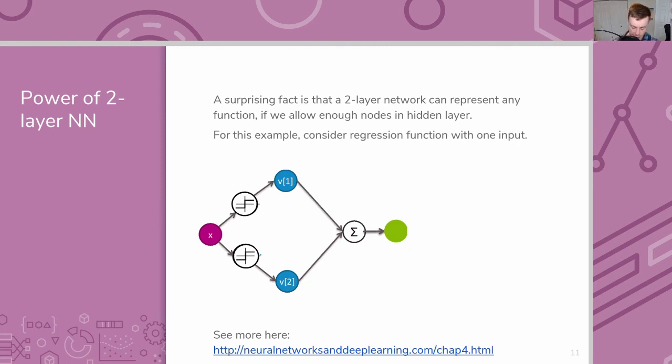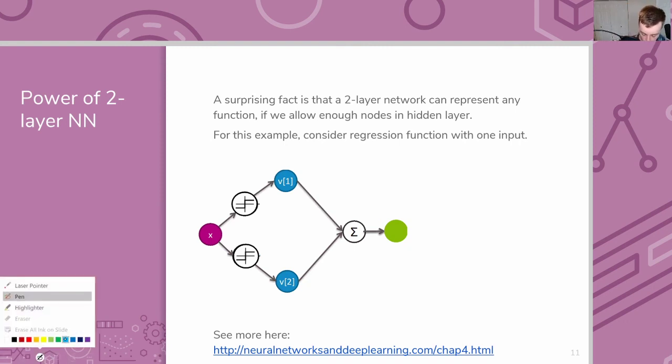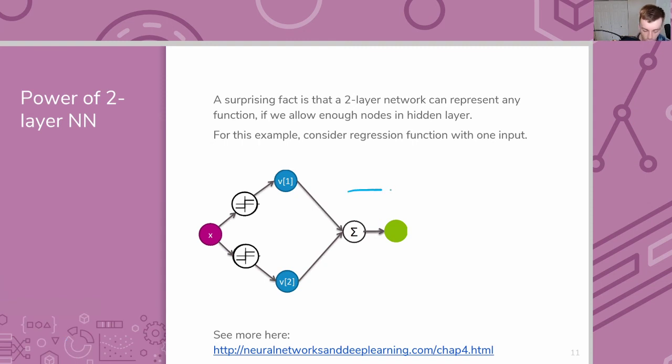The intuition for this is that each one of these individual neurons is learning a step function. It's learning a weighted sum of its inputs, and it has an activation function that takes that weighted sum and turns it into an output.